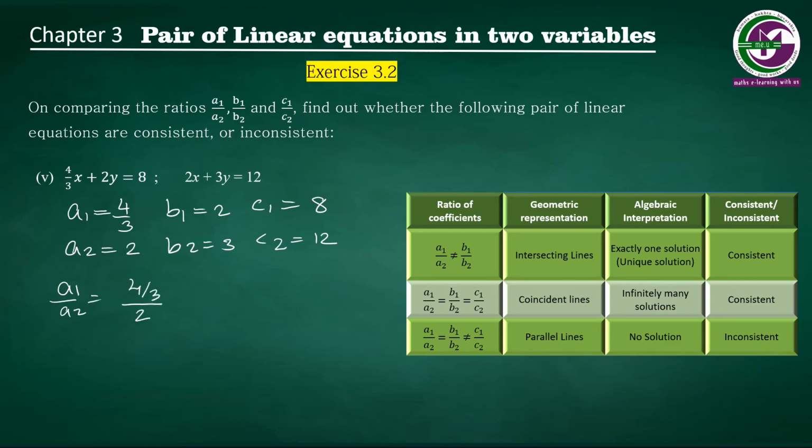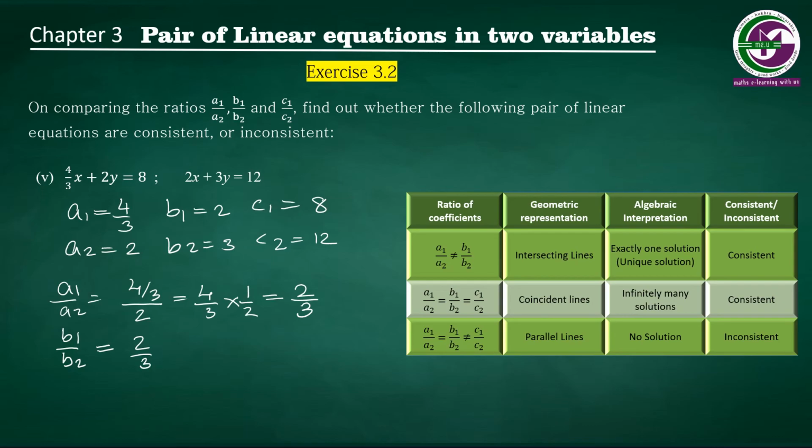So you need to take the reciprocal of the second fraction and multiply. So it is 4 divided by 3 multiplied by 1 divided by 2. You can cancel 4 and 2. You will get 2 by 3.